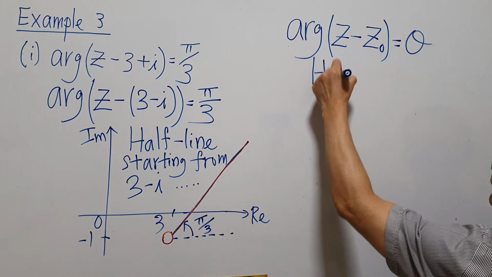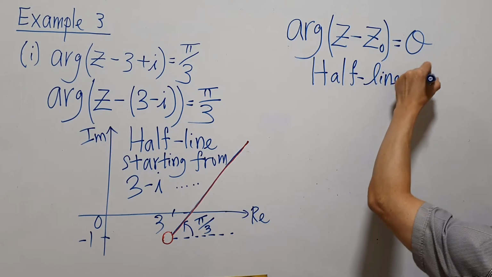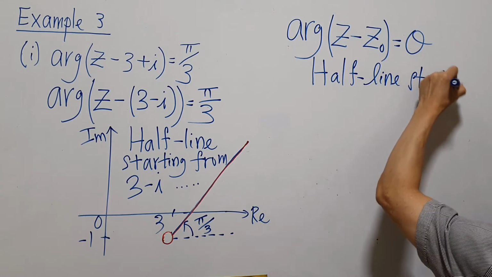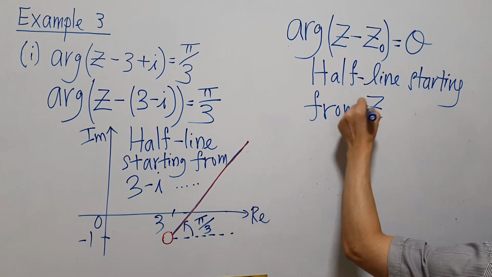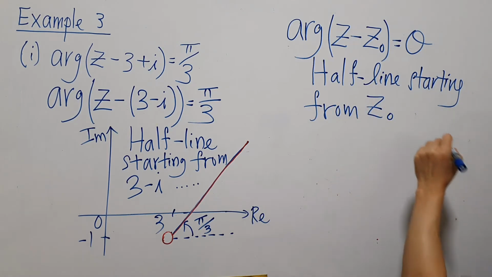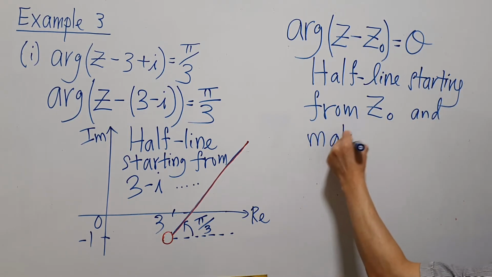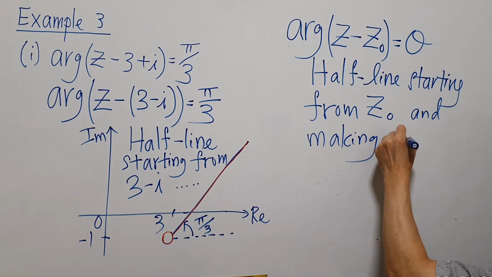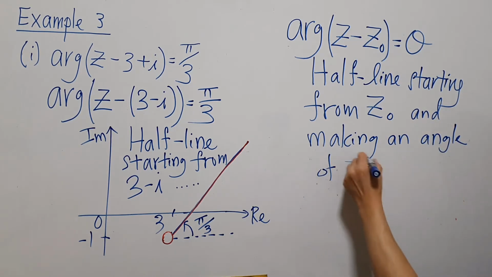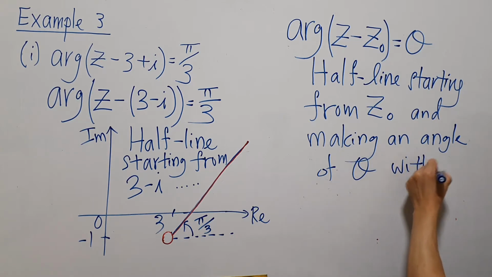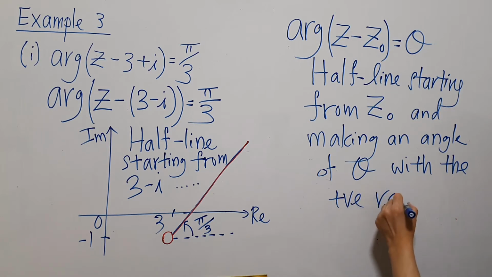So such an equation represents a half line starting from z naught and making an angle of theta with the positive real axis.